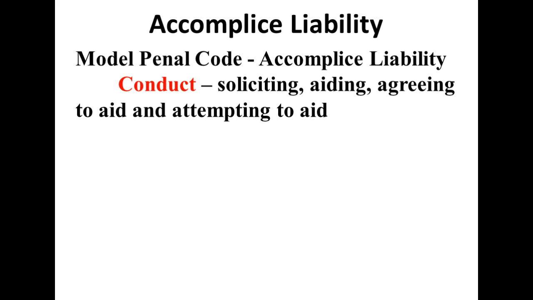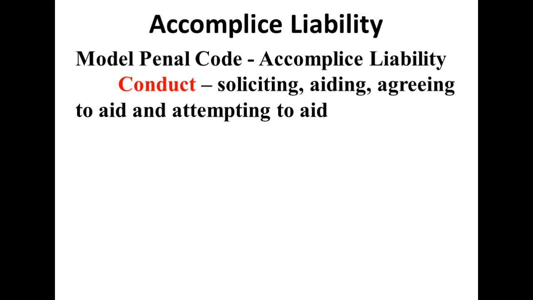So again, under the Model Penal Code, to be an accomplice, you must engage in conduct, soliciting, that is seeking another to commit a crime, aiding, agreeing to aid, so even I will help you in the future do this crime. I agree that I will be the lookout, or attempting to aid. And this is different.